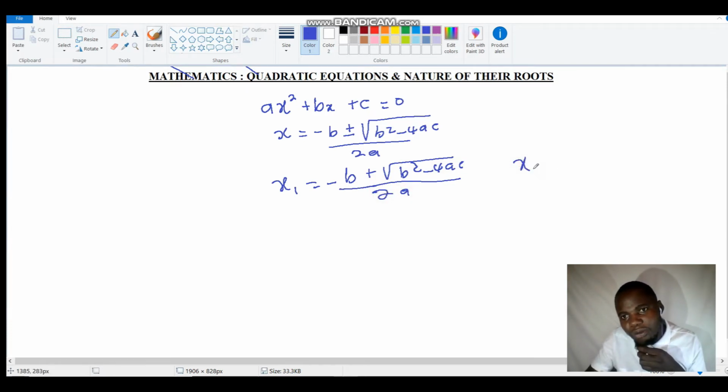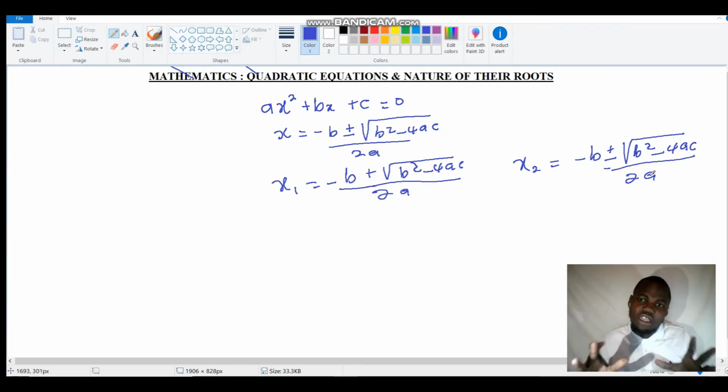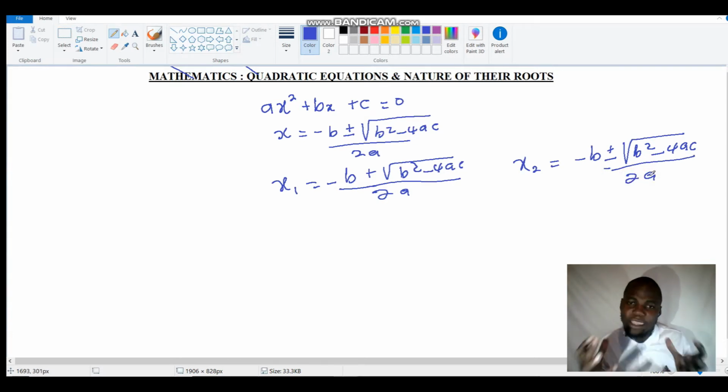And the other one, we can call x2, equals minus b minus the square root of b squared minus 4ac, over 2a. So these are the only 2 roots of any given quadratic equation.